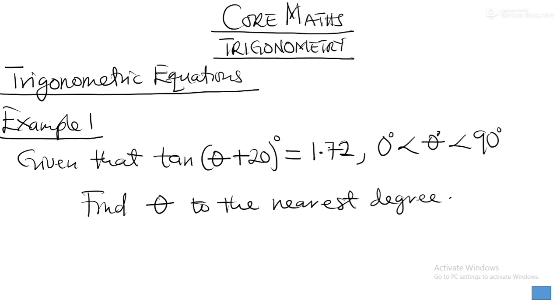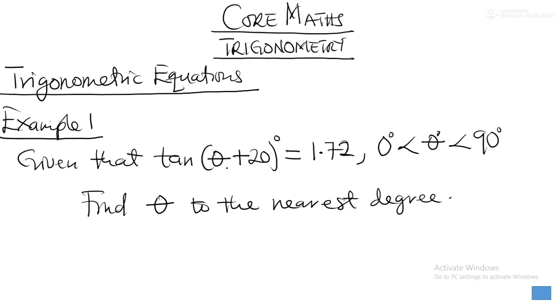The reason for knowing the sign of the ratio is to determine which quadrant the angle will fall in. Once we have a positive ratio and we are dealing with tan, it means that the value of theta will fall in the first and third quadrant. So that is what we have to bear in mind.